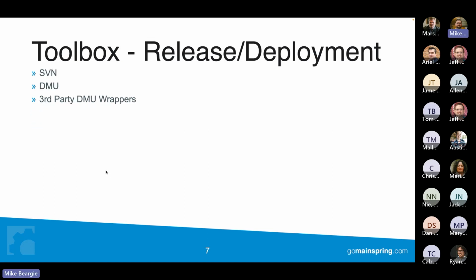All right, so toolboxes for your release and deployment parts of your life cycle. SVN, I mentioned this before. This is subversioning. Subversioning is basically about tracking changes to your builds. So each time I put a build together, it's going to say, okay, compared to the last build, this is what's changed.